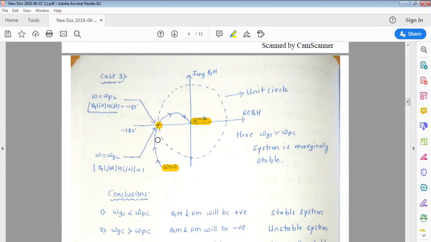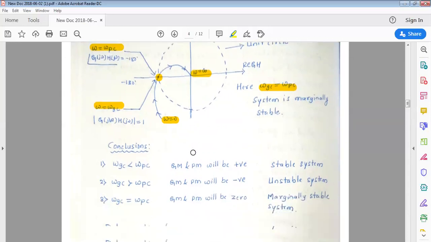Similarly, for what value of omega does it cut the minus 180 degree line, the same point. Here, omega GC is also here, omega PC is also here. So it means that the value of omega at which it cuts the minus 180 degree line as well as the unit circle is the same. So this is omega GC equal to omega PC. Then the system is called marginally stable.